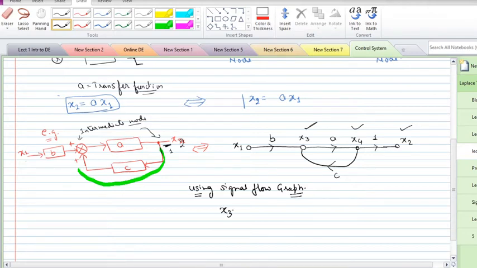Here x3 has two incoming branches, one is this one and another is this one, so x3 will be equal to x1 multiplied by b plus x4 multiplied by c.